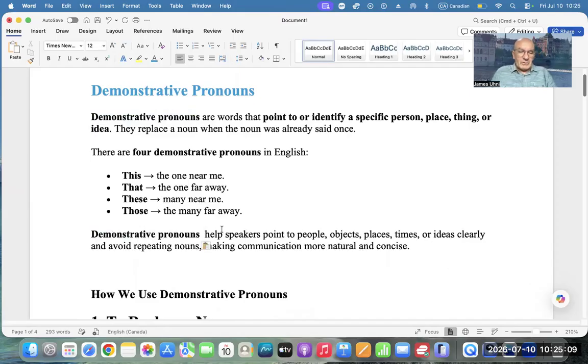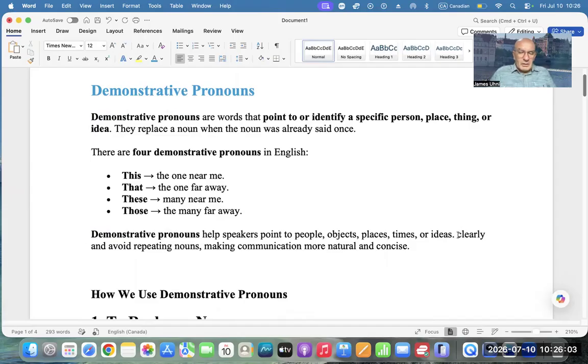And now demonstrative pronouns help speakers point to people, objects, places, times, or ideas clearly and avoid repeating nouns.